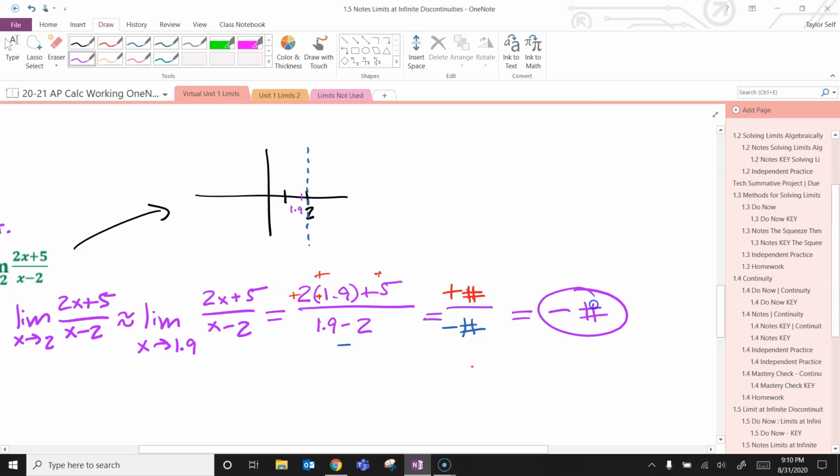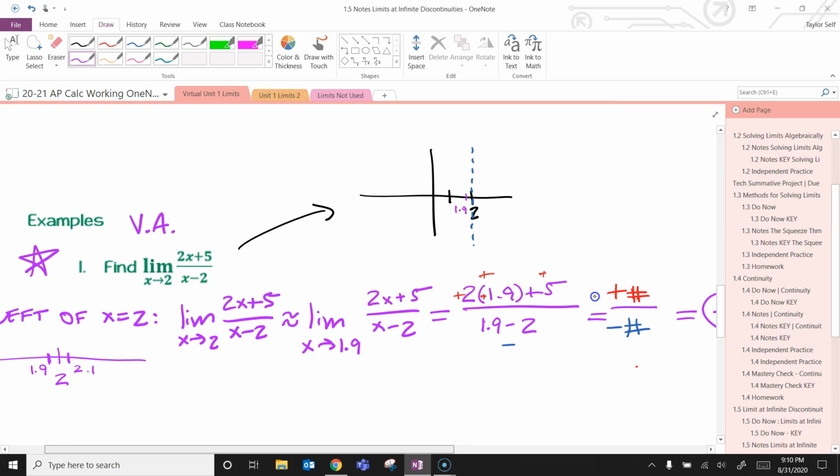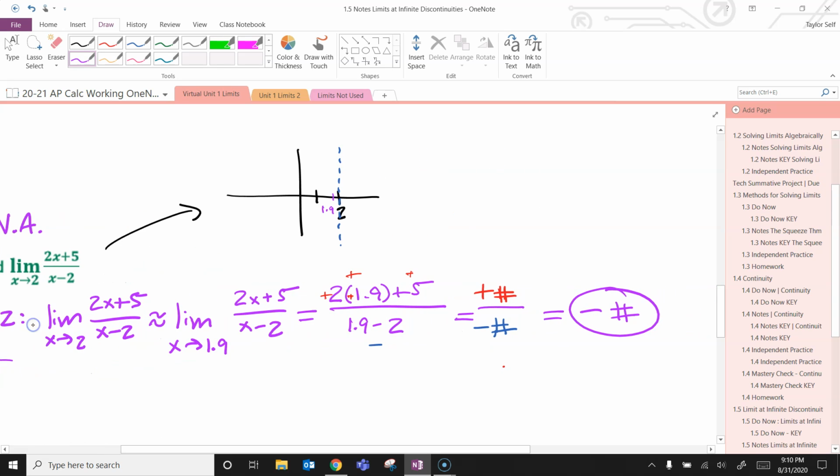We know that the limit from the left of 2 is a negative number. So that means it looks something like this. That limit is going down, in the negative direction, from the left. Cool, now let's do 2.1, just to the right.